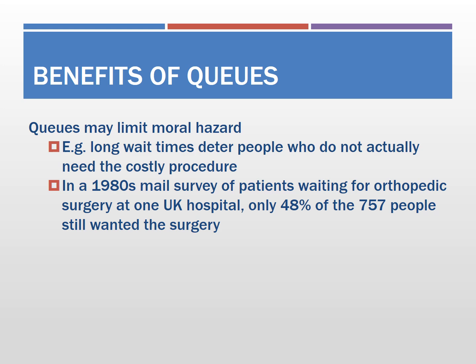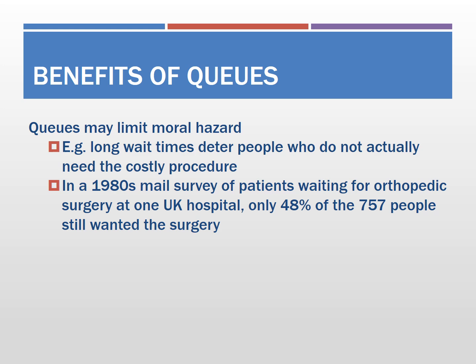For example, a mail survey of 757 people on waiting lists for orthopedic surgery at a large British general hospital revealed that 17% no longer wanted the surgery, while 9% had moved away and 5% had died. Another 9% had already received treatment.